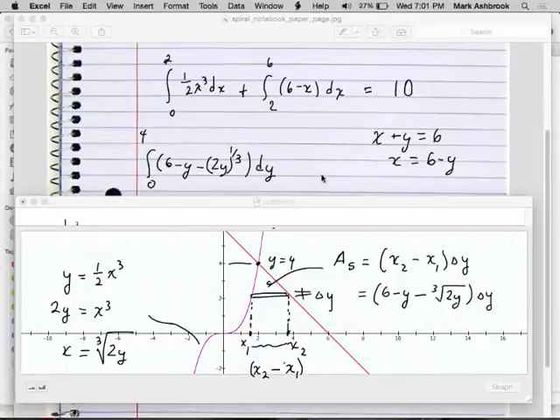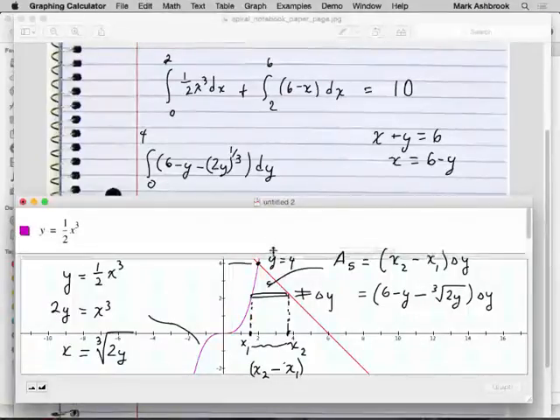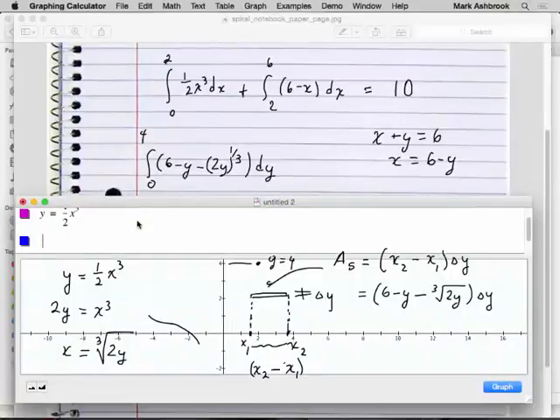Again, you guys can do that, but let's verify it. So we're going to go from 0 to 4. Why the interval 0 to 4?